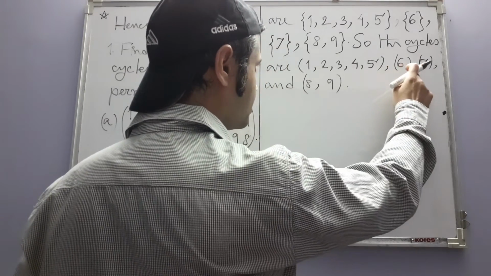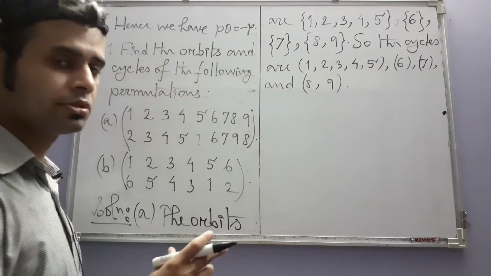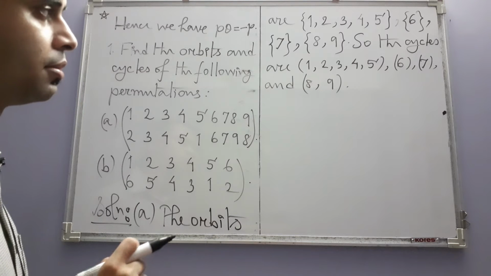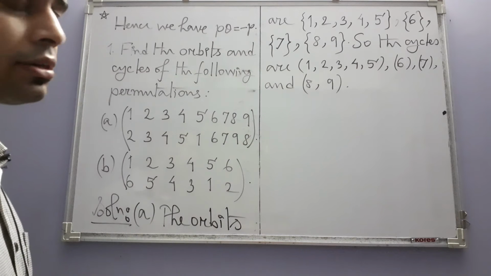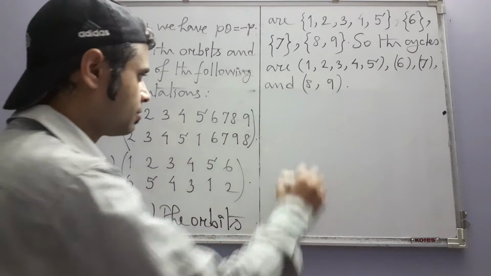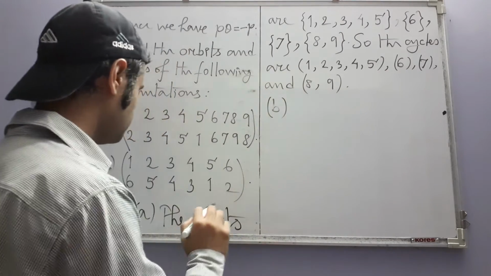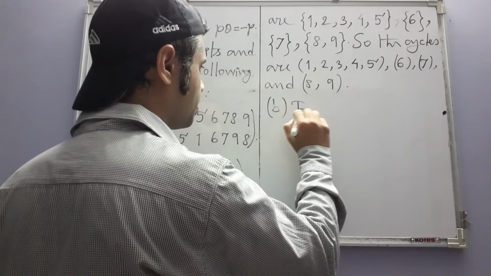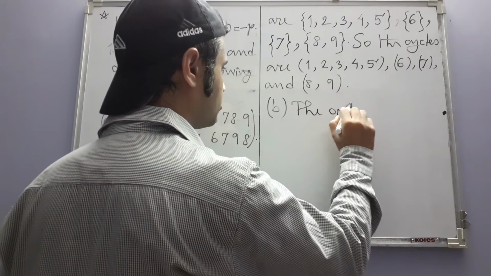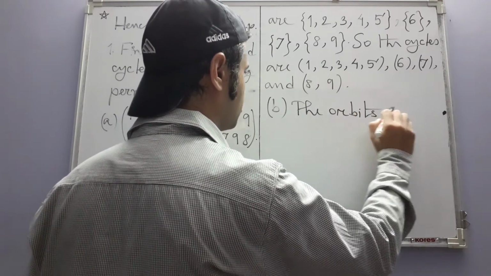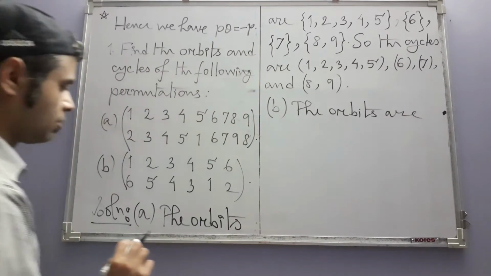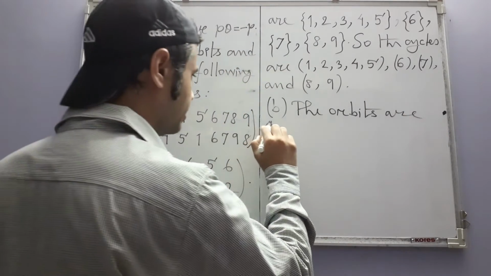So these are the cycles. These are one cycles which we usually do not use while writing permutations, but nevertheless they are also cycles. Okay, so the second one likewise. The orbits, we start again.